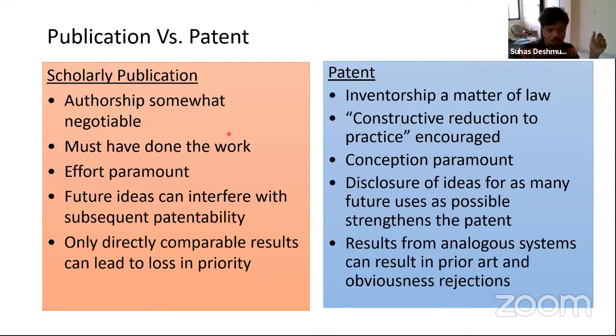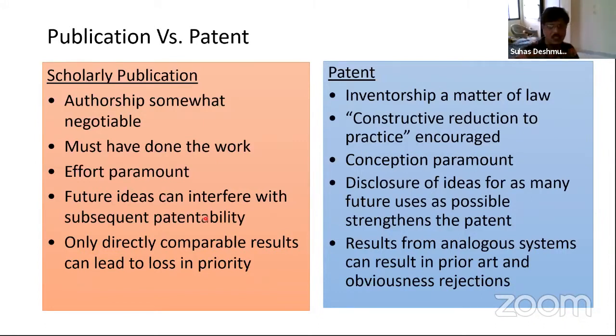Some practical work should be done, then we have results, and those results are presented in the paper. Then future ideas or previous ideas can be used, and we can go on doing the same type of work and present it as a scholarly publication.